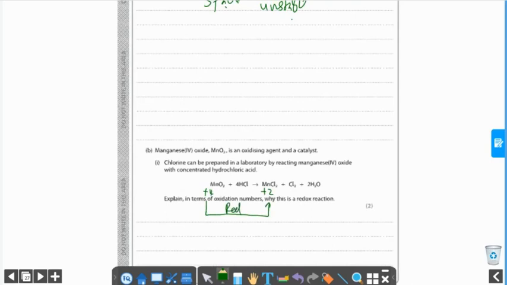Chlorine is -1 here, 0; -1 to 0 is an increase in oxidation state, oxidation. So this is why it's redox, because both reduction and oxidation take place. So to show manganese is reduced from +4 to +2 and chlorine is oxidized from -1 to 0, you have to prove it with the oxidation states.